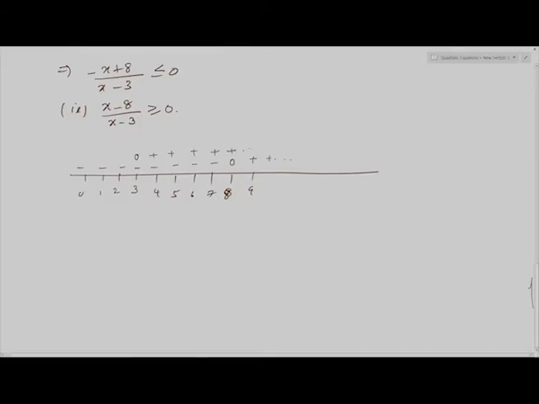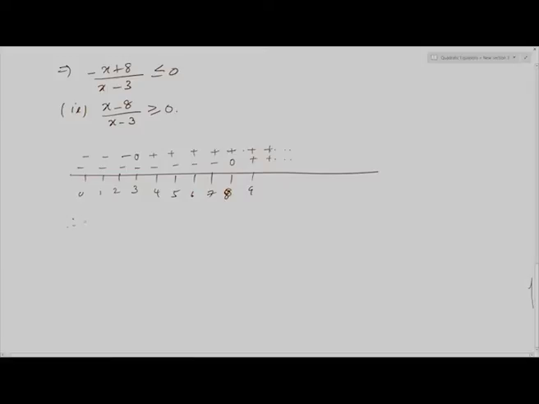And the left side of that put the negative sign. Now, we want the signs to be the same. That is possible only in the left side of 3 and the right side of 8.